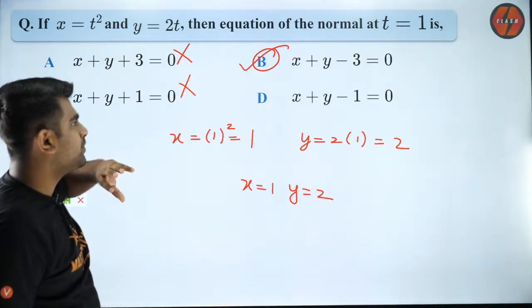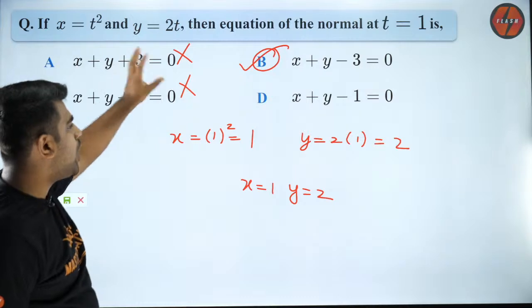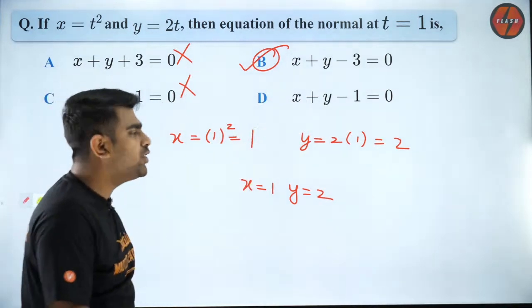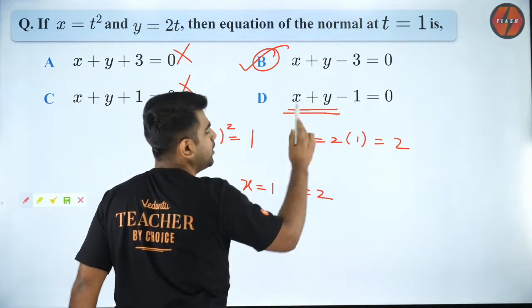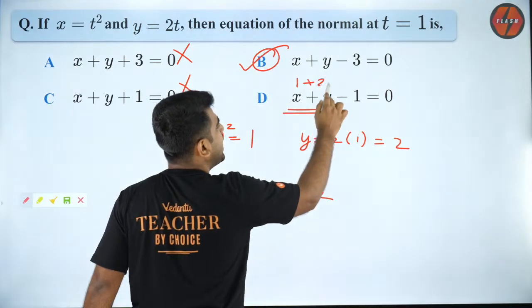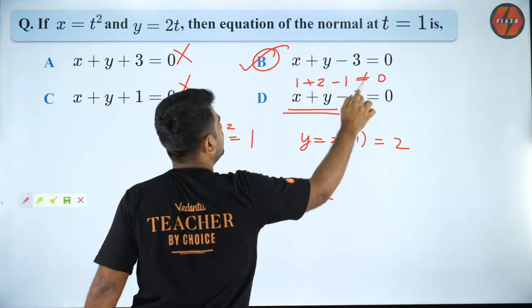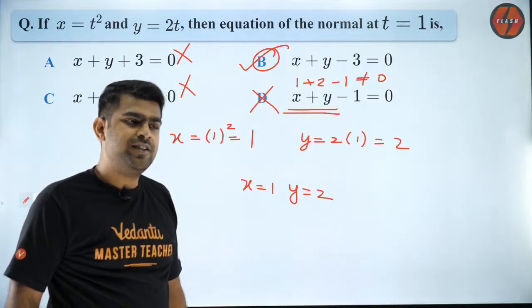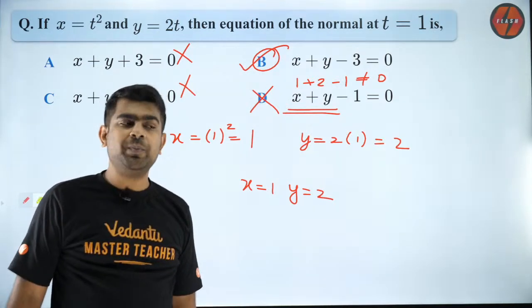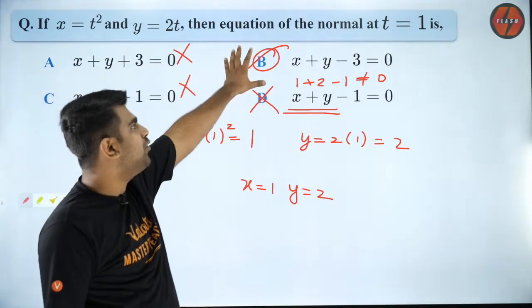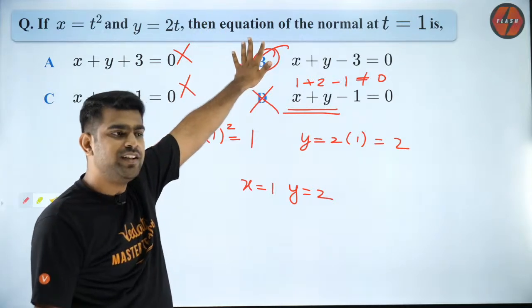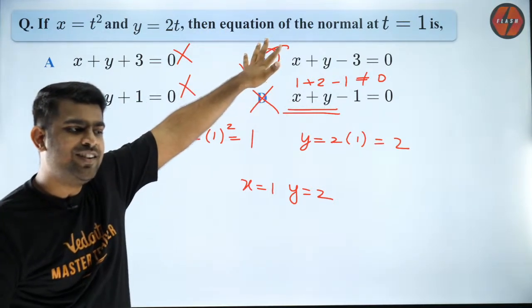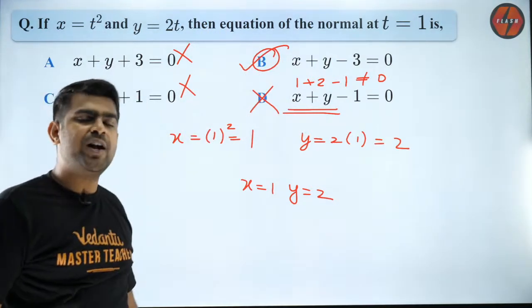Isn't that right? Are you guys able to solve it? Now, is it going to be D? D also is wrong because 1 plus 2 minus 1 is not 0. So the options were very badly designed. So you could have directly gone for option B. Are you guys able to understand?